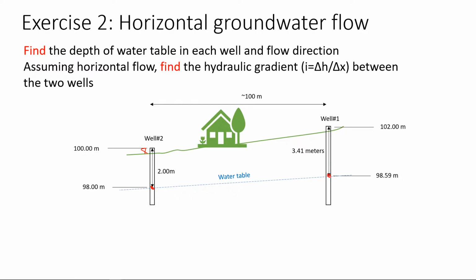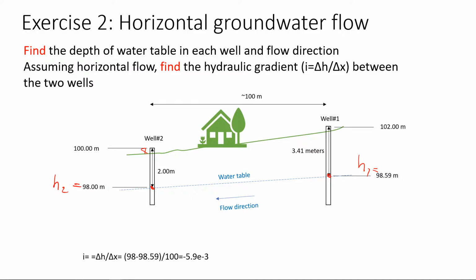You subtract this one from this one, and that gives you the water table here. So you measure the head here; head 2 is 98, and head 1 would be this value here. And that's the flow direction.